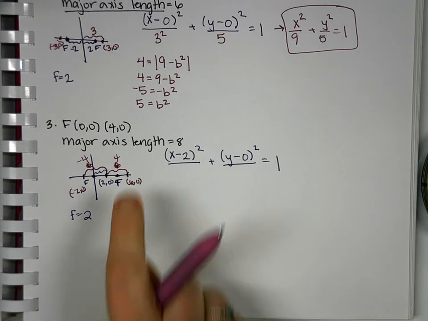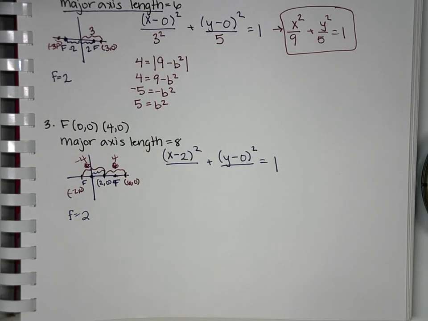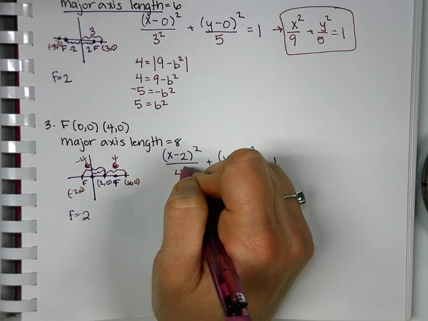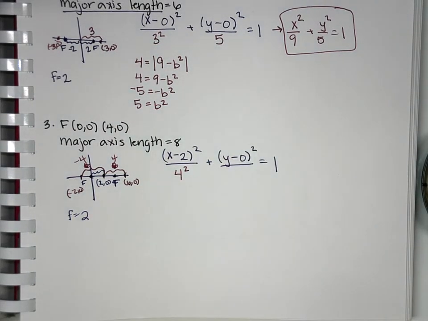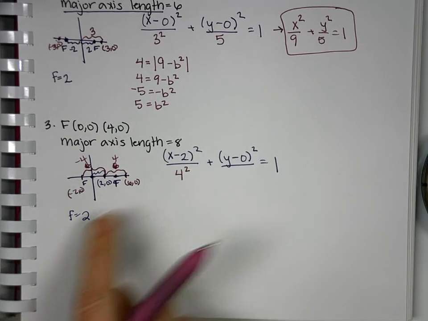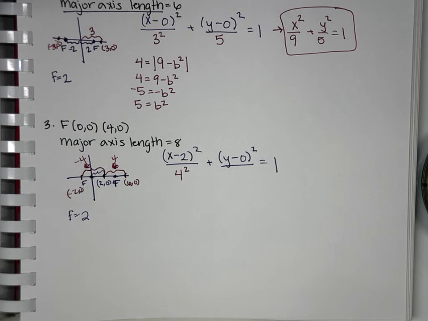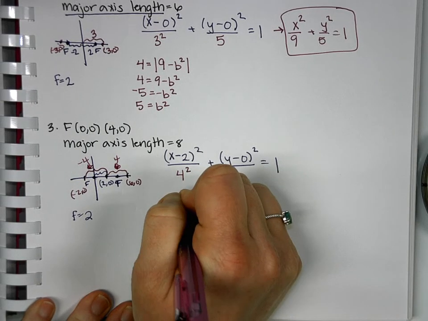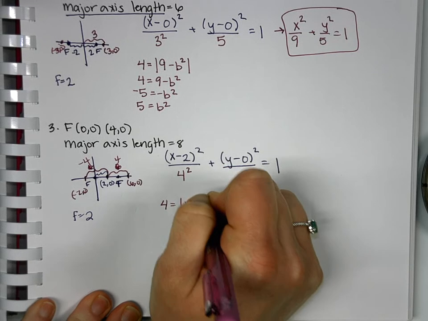What we care about is this distance of 4. That's telling us our a. That distance of 4 would go under our x, because again we have a horizontal relationship. Now we have enough information to use our focal length, our f and our a, to help us find b squared. So 2 squared is 4, and then we'll have 16 minus b squared.